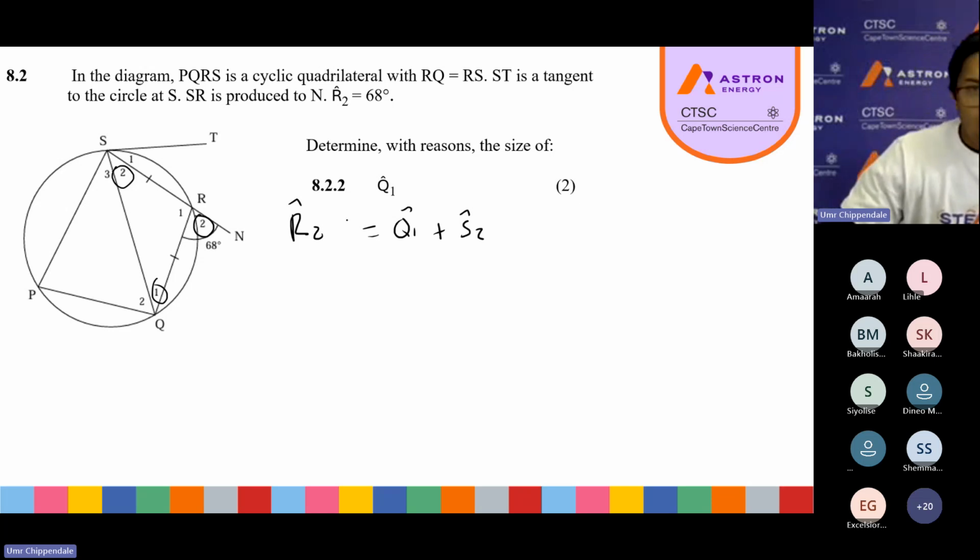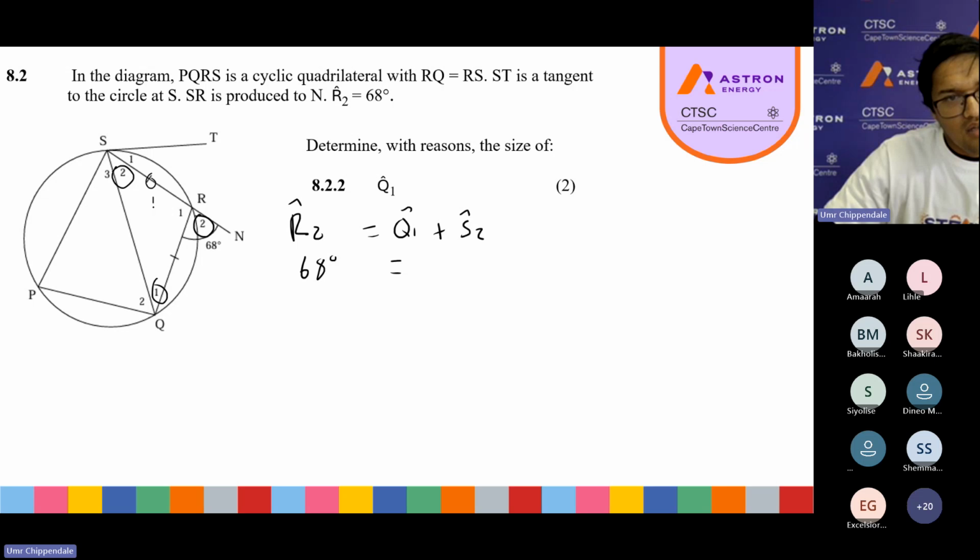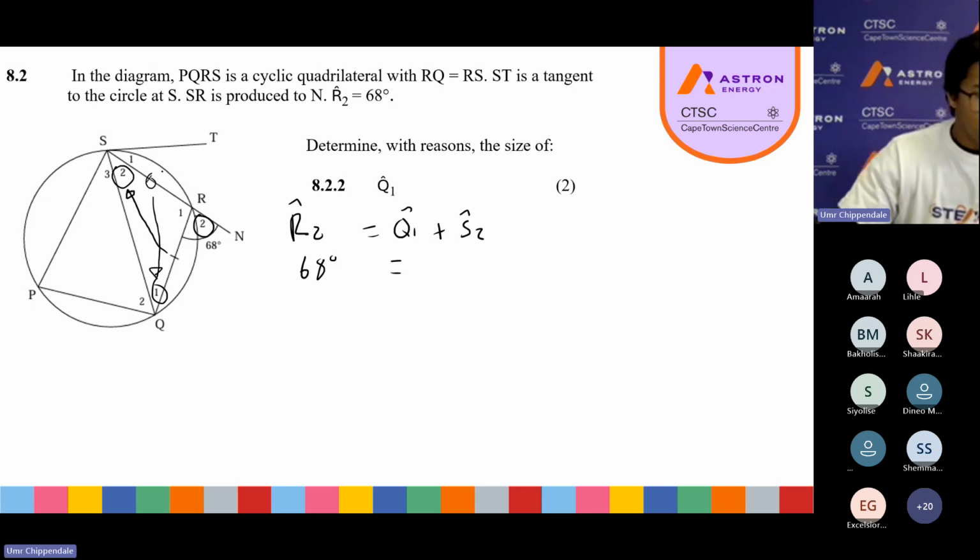Now, what is angle R2? It's 68 degrees. And here it was stated, we have our QR and our RS, which is actually going to be the same thing. So our ST or S2 is this one over here. Now, if you look at this part over here, this angle is going to be the same as this angle. Why? Because it's the base of an isosceles triangle.